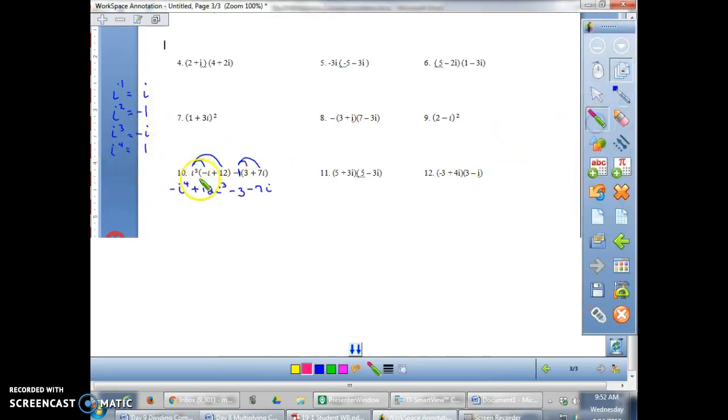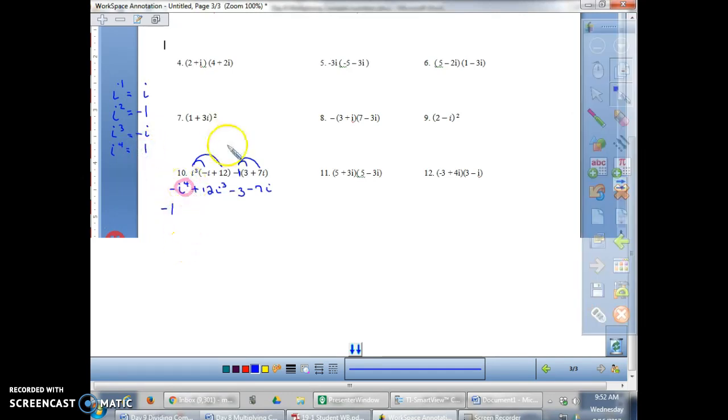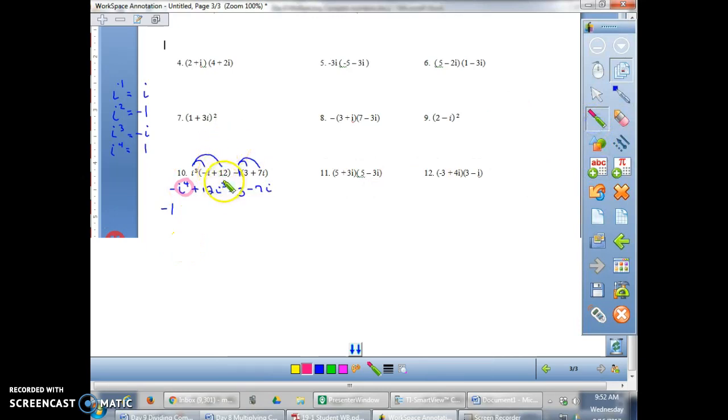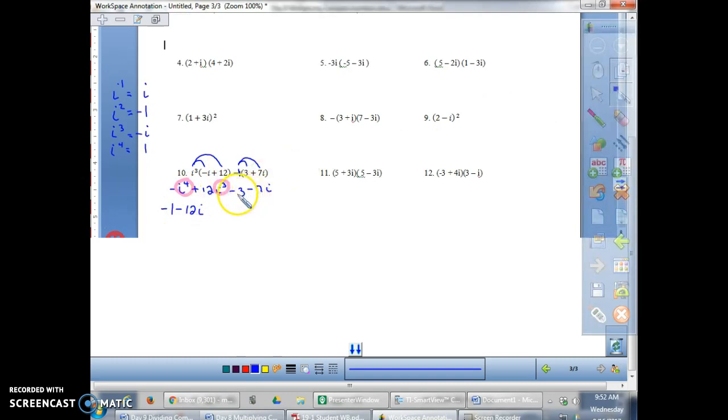So I'm going to take i to the 4th only, you see I only circle that, and it's replaced with a 1. So it's a negative 1. And i cubed is right here, and I'm going to replace i cubed with a negative i. So 12 times a negative i will be minus 12i. And then I have minus 3 minus 7i.